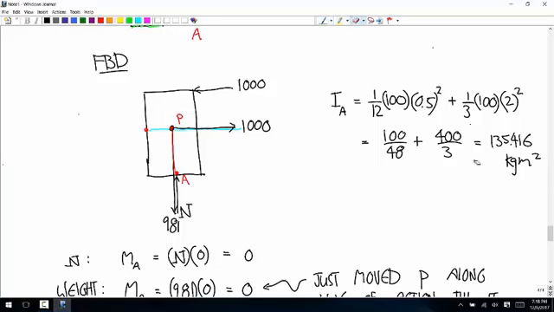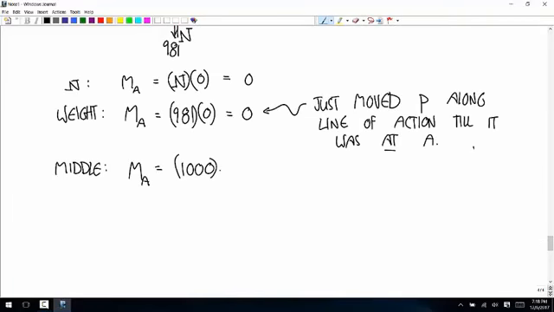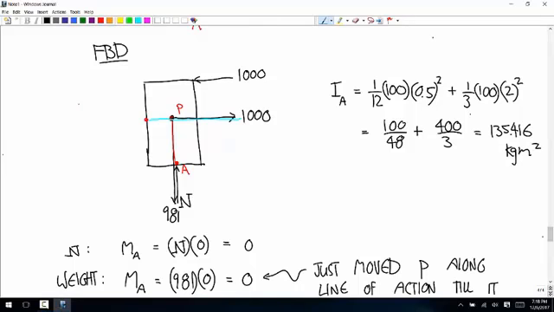And so now we can just take that force, multiply it by the distance, that red line. What's that distance from P to A there? 1, yep. So 1,000 times 1. And then we also have to think about the direction.